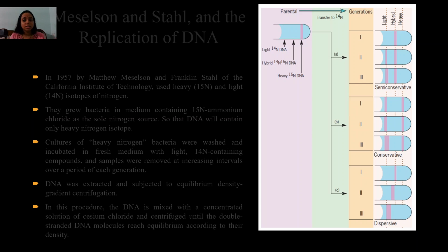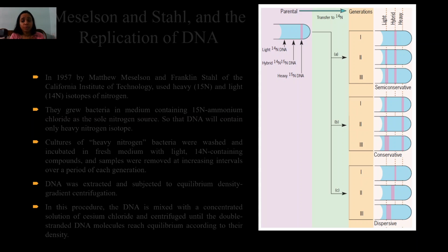But in the next successive generation, you will find a great difference. Why? Because in the second generation, there will be more of the 14N, but it will remain attached with the 15N also. So that's why it will not form a clear band at the 14N position. The band will be shifted a bit towards the 14N. In the next generation, of course, there will be more shifting towards the 14N and not towards any other side.